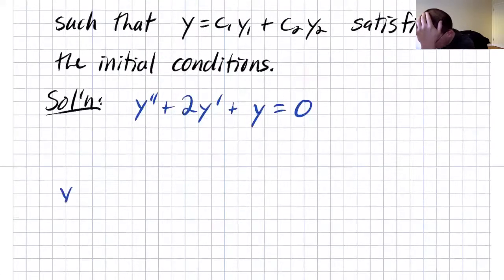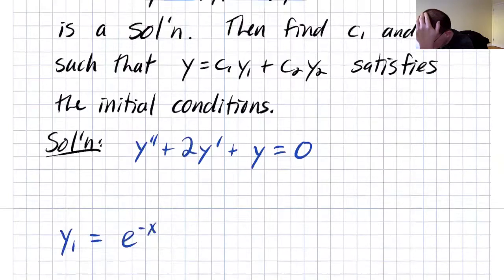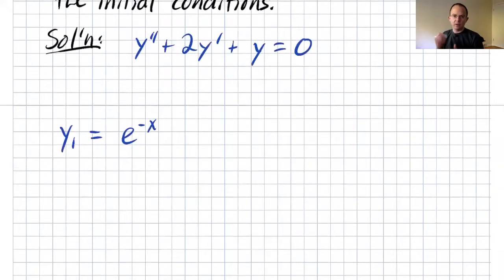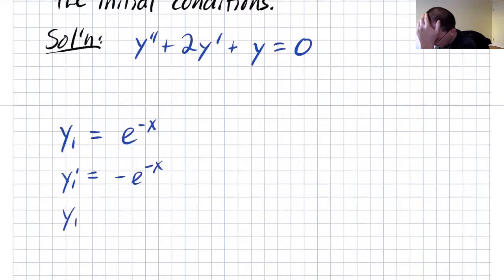Okay, and we're going to take y1 equal to e to the negative x. So we want to substitute this into this equation. We'll need to take the derivative twice. So once we get this, the second derivative will give us this.